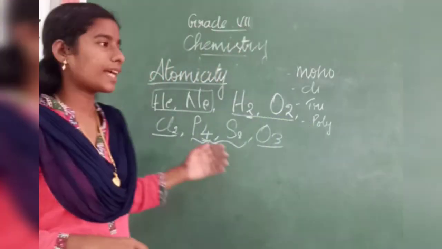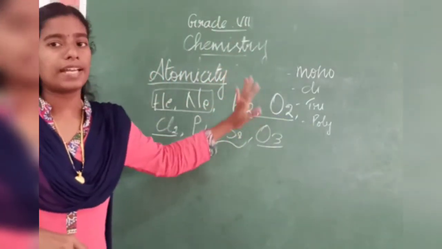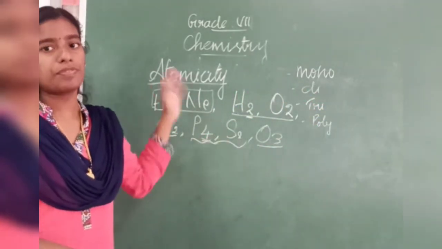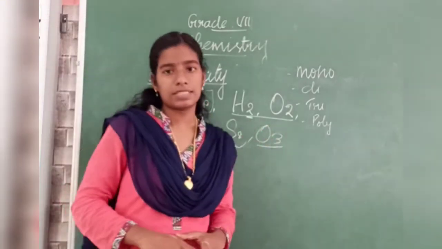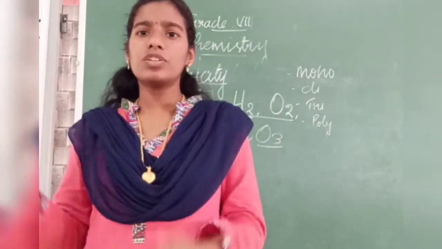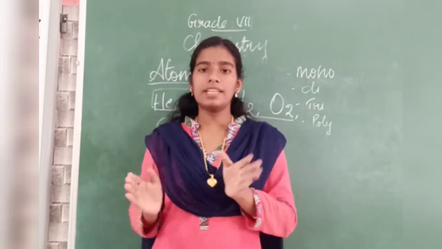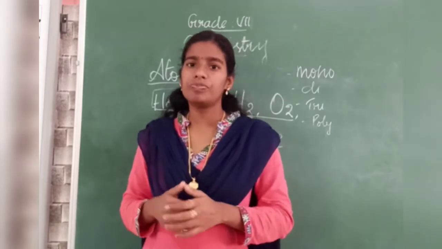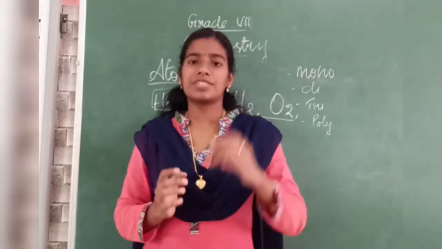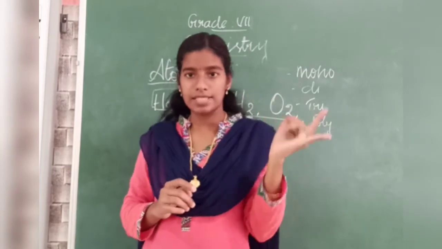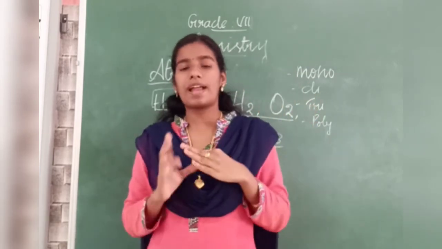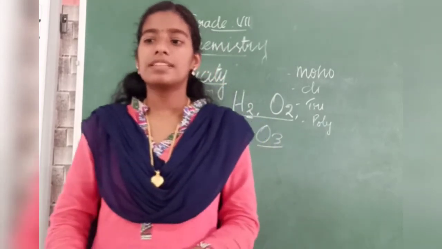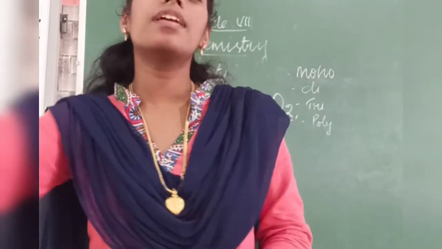For example, monatomic: helium, neon; diatomic: oxygen, chlorine; phosphorus is an example for polyatomic. Then ozone is an example for triatomic. And in your book they have given many examples in tabular form. You have to go through all those examples. There the name will be there, then the symbol, then the number of atoms, and it will be mentioned whether it is monatomic or diatomic.